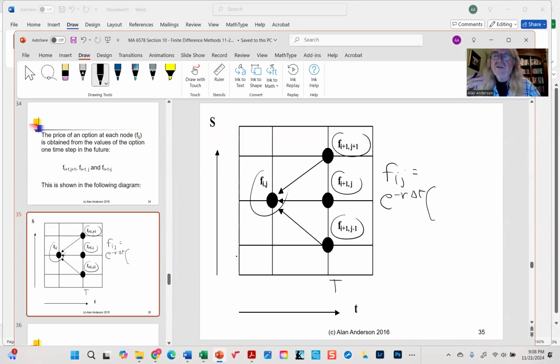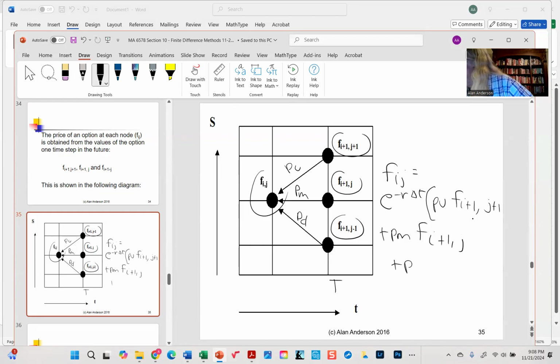And now, because there's three branches, like with a trinomial tree, if you recall, we have PU, PM, and PD instead of just P and 1 minus P. So that means we must have... Yeah, just like with the binomial option pricing model, except that there's three branches.